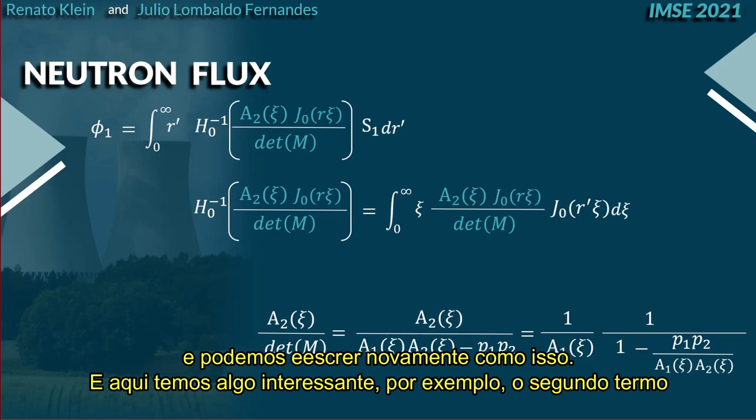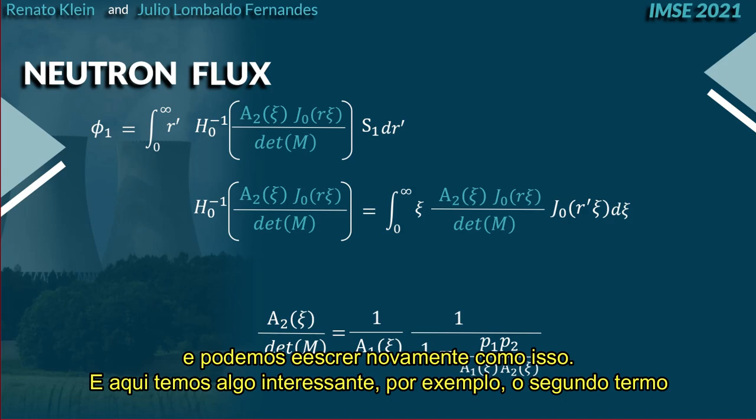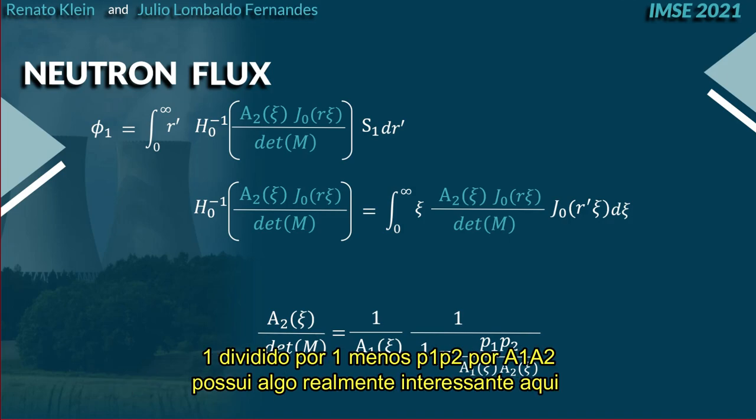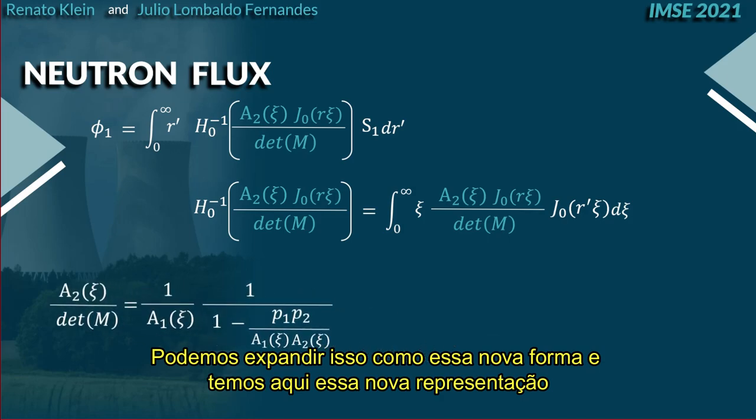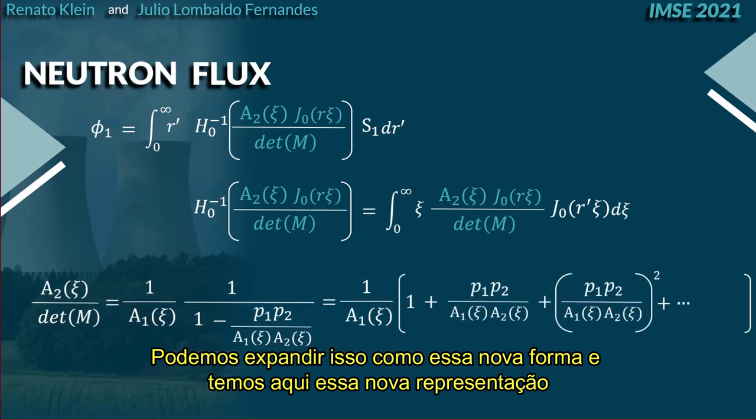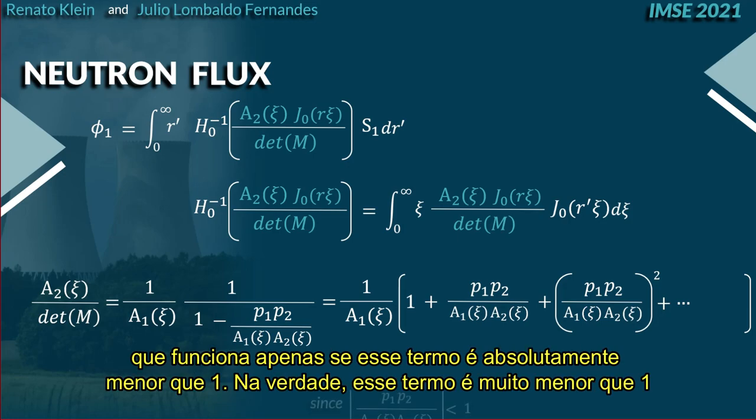And here we have something interesting. For example, the second one, 1 over 1 minus p1 versus p2, a constant, times a1 plus a2. That's a really interesting thing here. For example, we can expand this like this one. This representation just works if that term is absolutely less than 1.